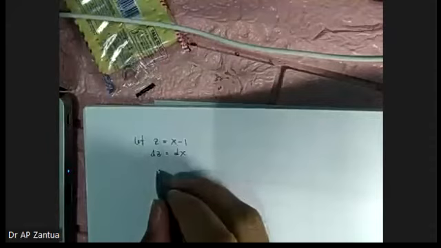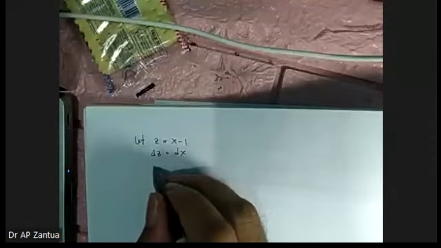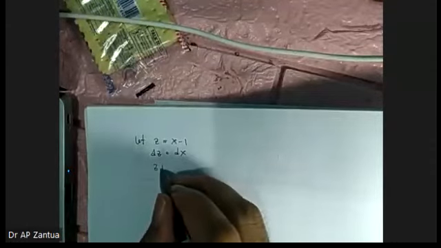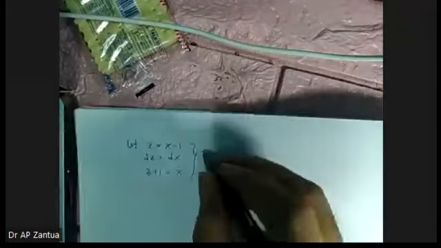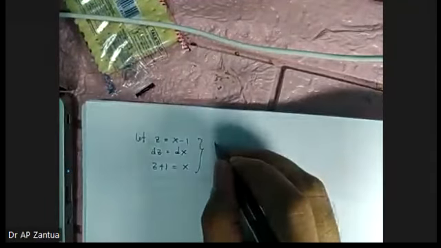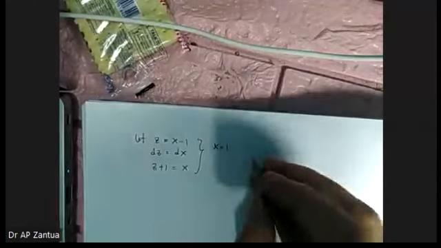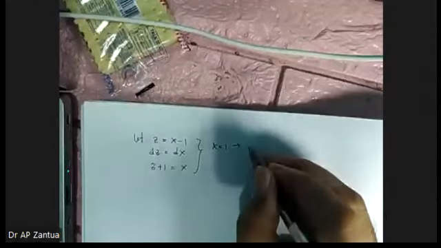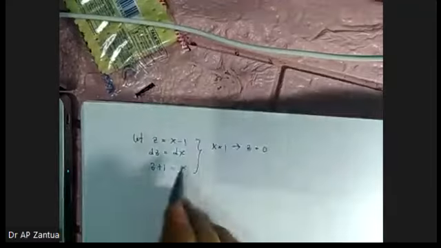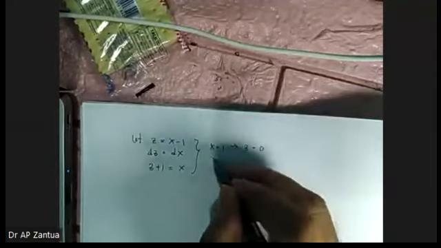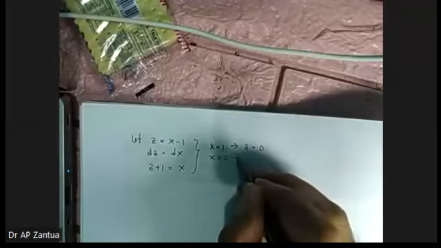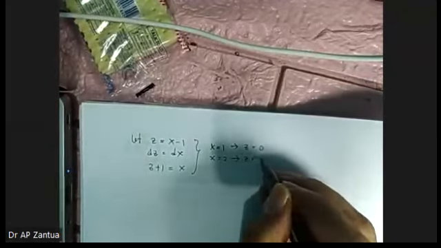And what is x? z plus 1 is equal to x. And what about the limit? The limit is from 1 to 2. If x is equal to 1, z becomes 0, 1 minus 1, 0. If x is equal to 2, z is equal to 1.